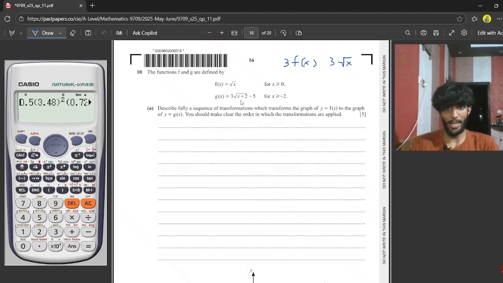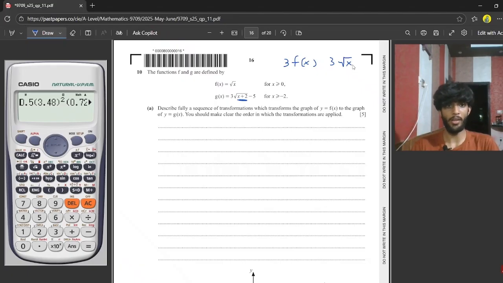Then what you can see is that you have an x plus 2 inside of this. What does it mean when you have an x plus 2? That means that you moved to the left by 2 units. If there was an x minus 2 over here, that would mean that you moved to the right by 2 units. In functions, plus 2 means going to the left by 2 units, and the negative number means going to the right.